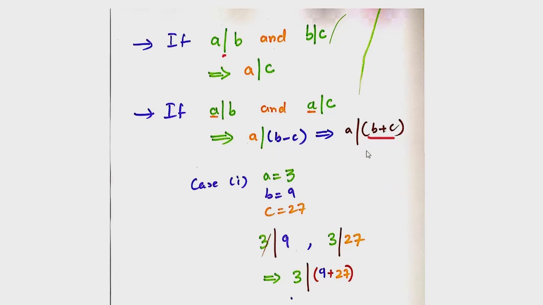You can see the example right over here, that is, if I take a is equal to 3 and b equal to 9 over here and c equal to 27.